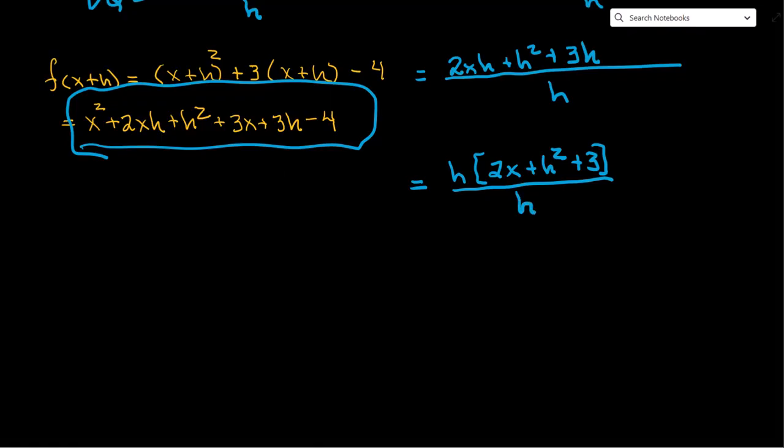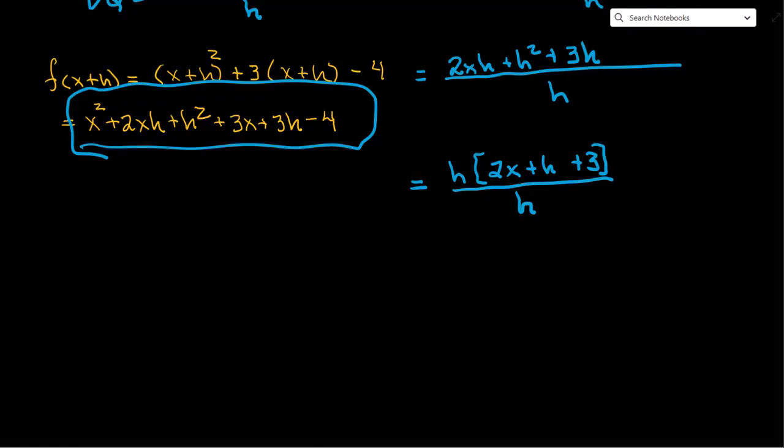Okay, so what I did here was I factored out an h, which left us with h times 2x plus h, whoops, not plus h squared, it's going to be plus h, there we go, plus 3. That would have changed things up a bit.